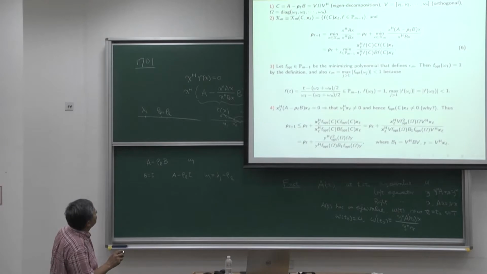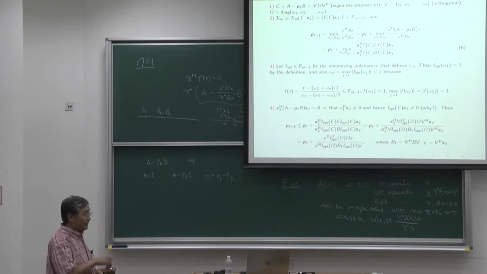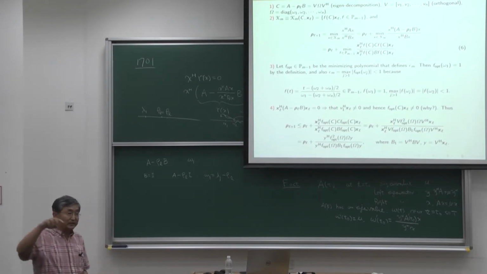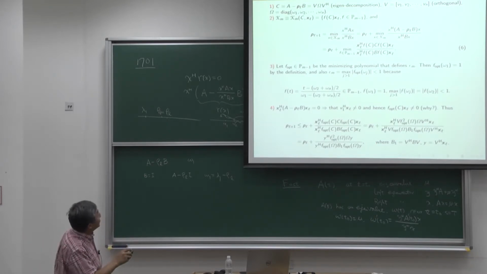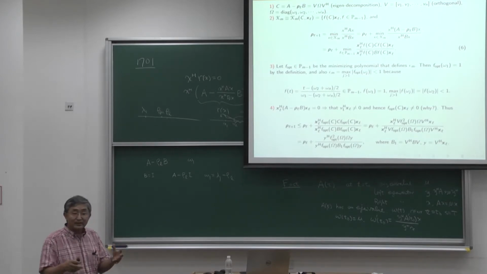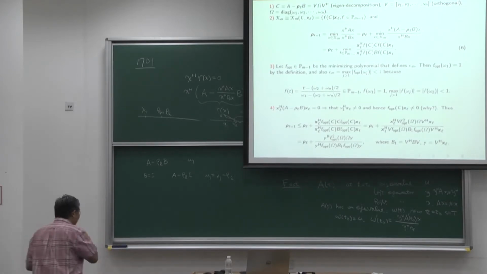C would be A minus rho L B. The Krylov subspace is spanned by x, Cx, C squared x, up to C to the n minus 1 x, and you take all the possible linear combinations, which is basically a polynomial of degree n minus 1 at most, a polynomial of the matrix C times x L. That's a linear combination of the whole thing.